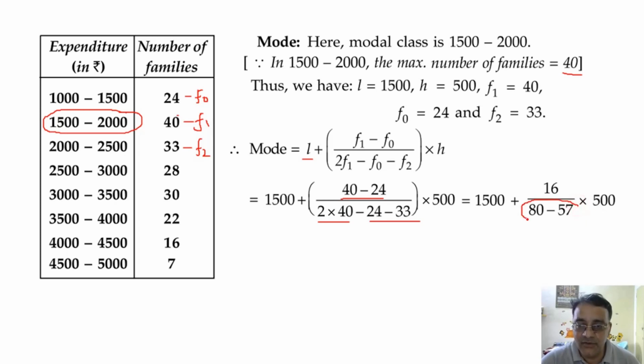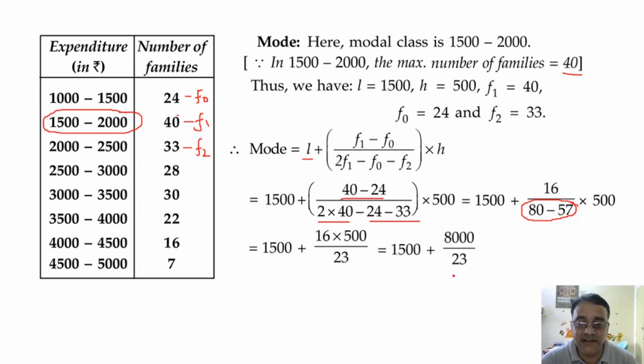Further, if you subtract these two, what you will get? 23. Right. So now 16 into 500, क्योंकि 23 is a prime number, so हम लोग दोनों को इंटू करके 23 से डिवाइड करेंगे. So 8000 divided by 23 we get 347.83 approximately. So the final answer is 1847.83.